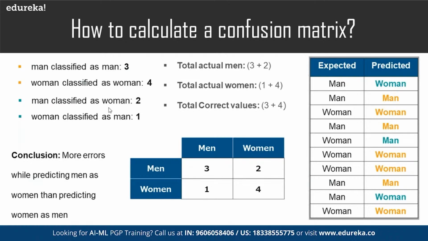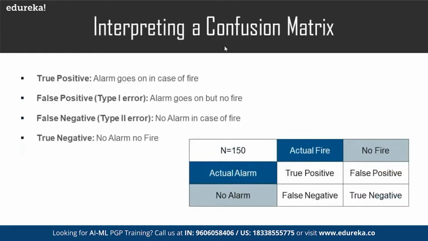As per these given values, the conclusion is more errors while predicting men as women than predicting women as men. It's just an example, so let's not consider it much now, but all you need to know is what the confusion matrix is and how we interpret it and comprehend it like this.